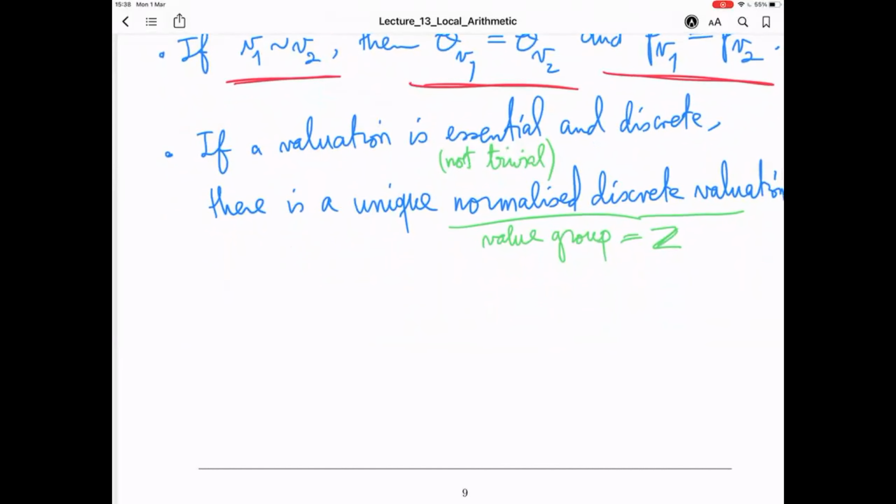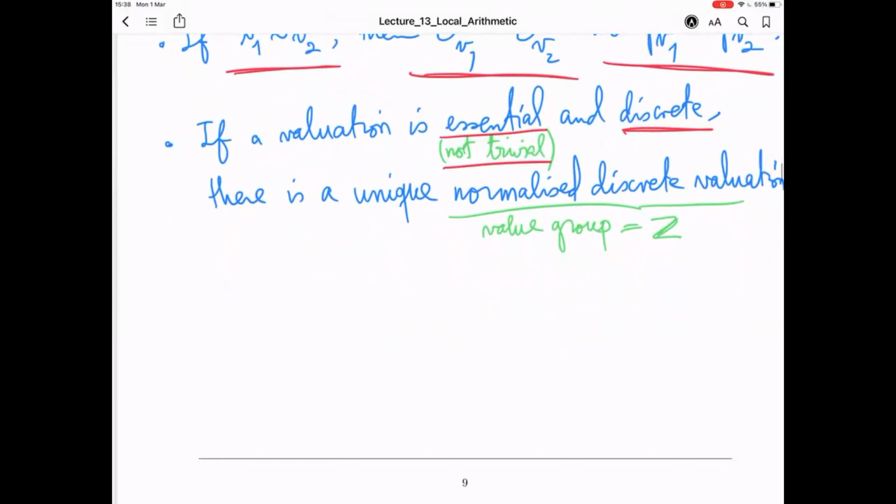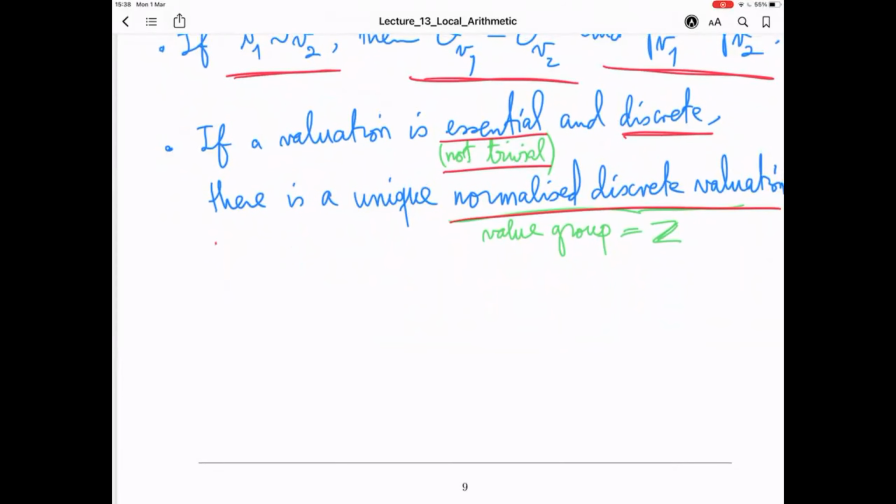And the next thing is that if a valuation is not trivial and discrete, then there's a unique normalized valuation which is equivalent. There's a unique normalized discrete valuation equivalent to it, right?